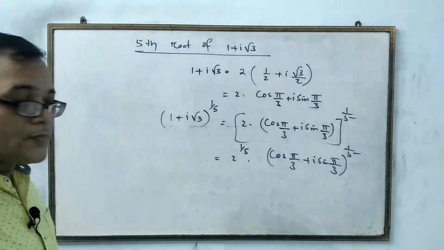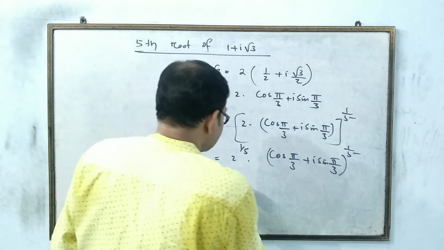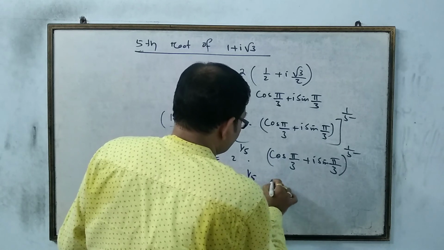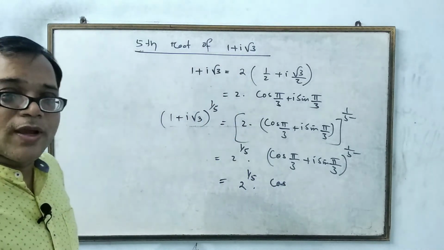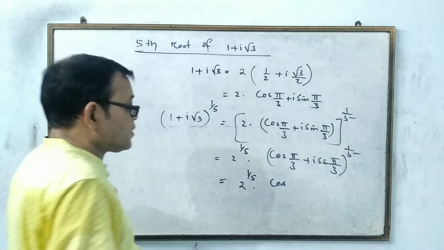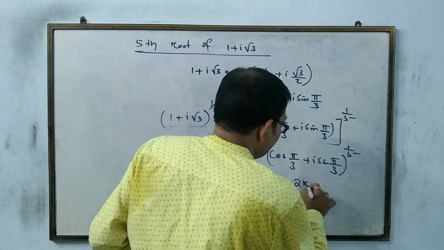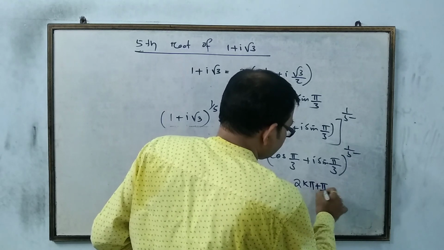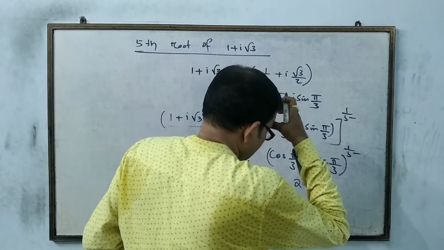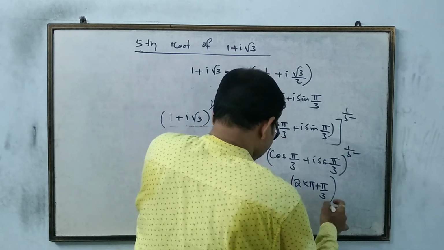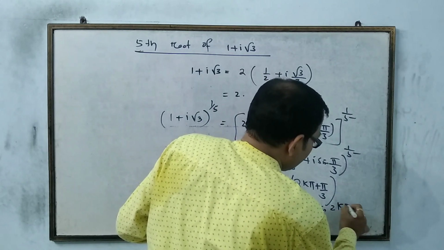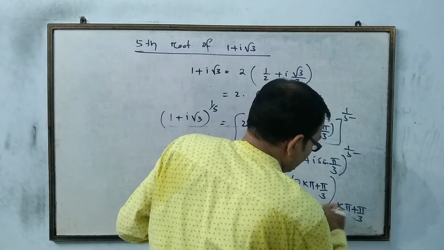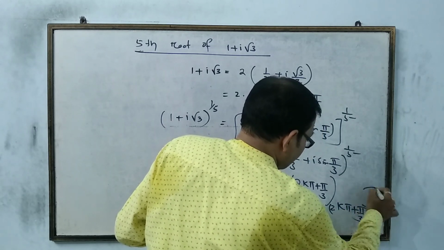Okay. So I can write this as 2 to the power 1 by 5 into cos of 2k pi plus pi by 3, plus I sin of 2k pi plus pi by 3, whole to the power 1 by 5.